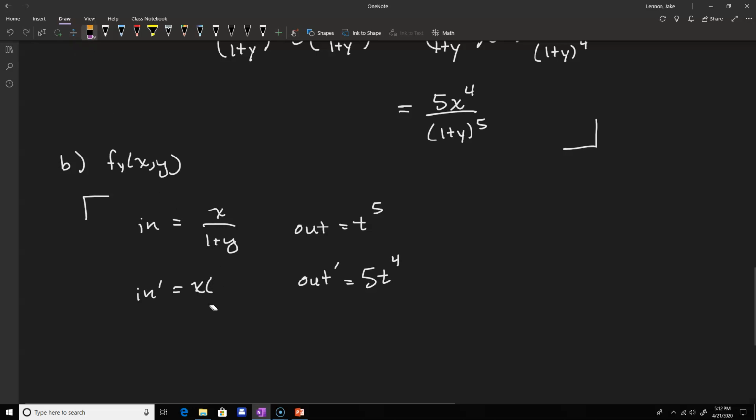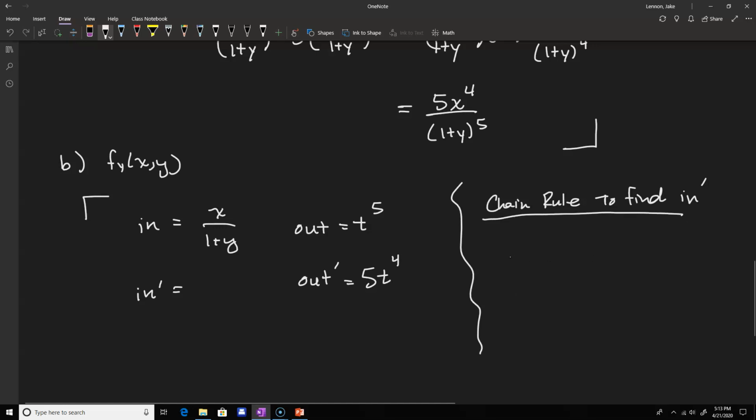So if I'm doing the chain rule, let's kind of work off to the side here and say chain rule to find the inside prime. And this is kind of just like scratch work to help us with the rest of the problem. So how does that work?